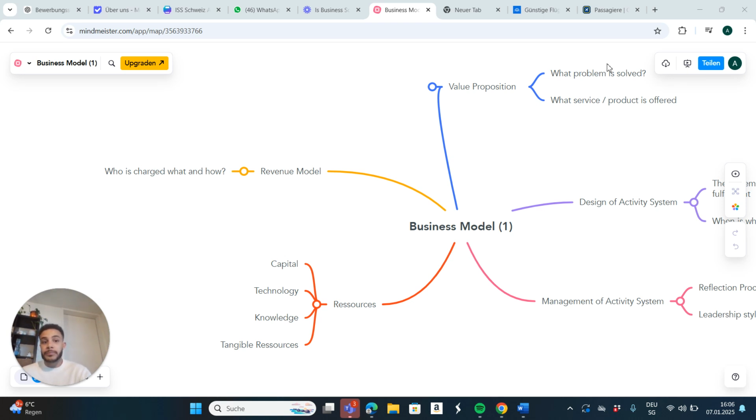If you're positioned as the pizza shop, not as the one that solves the problem of hunger, but the one of luxury, then you will need to have another revenue model in order to have your activity system built in the way that the problem is solved.